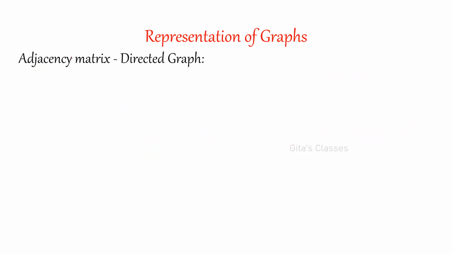Okay. Now if it is a directed graph, then the adjacency matrix of the digraph: suppose you have a graph G with n vertices. Then again A is equal to the matrix Aij. Again it will be a square matrix, n by n.